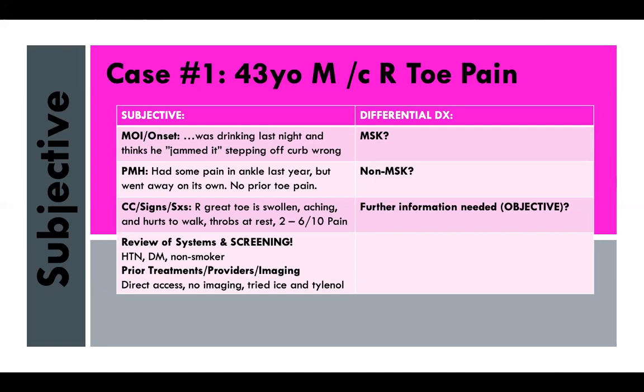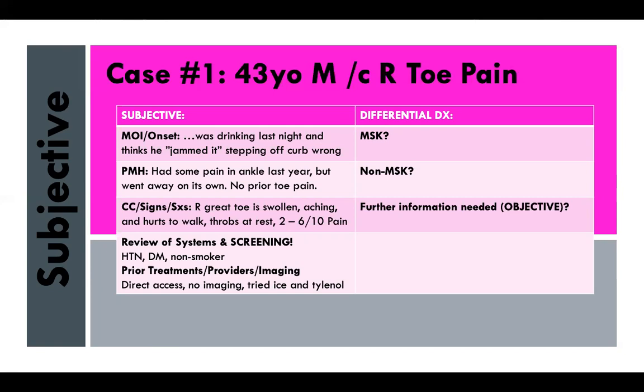It's aching, hurts to walk on it. He's really limpy. It's throbbing at rest, so it doesn't really go away. Best pain is 2 out of 10. It gets up to a 6 out of 10. And he has tried a little bit of ice and Tylenol that help a little bit, but don't completely relieve the pain. He has some prior medical history that he has indicated there.